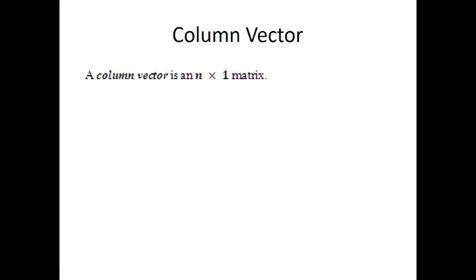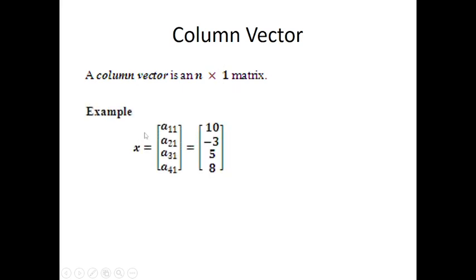A column vector is an n by 1 matrix. Again, n specifies the number of rows, and 1 here is the number of columns. So it could be more than one row, but exactly one column.